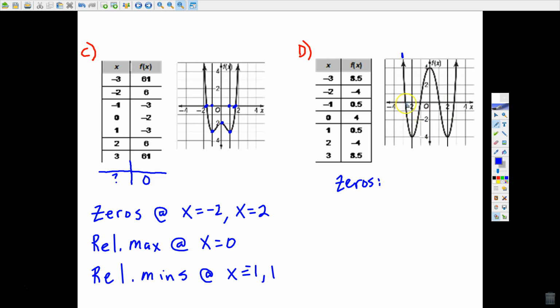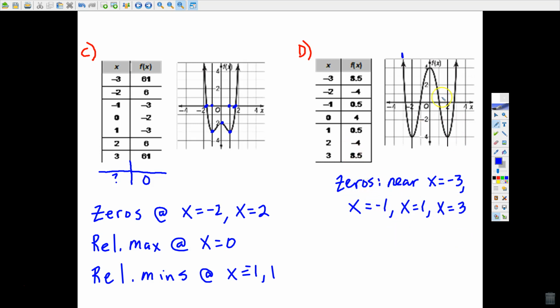But it looks like we have a 0 near x equals negative 3. Near x equals negative 1. Then jumping over here on the positive side, near x equals positive 1. And pretty close to x equals positive 3.